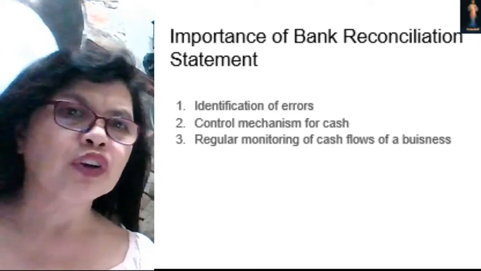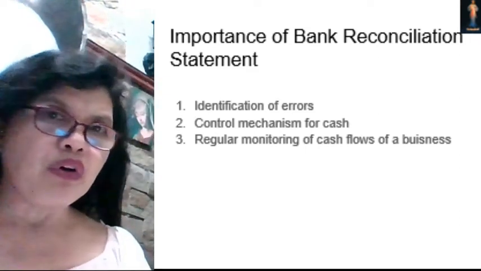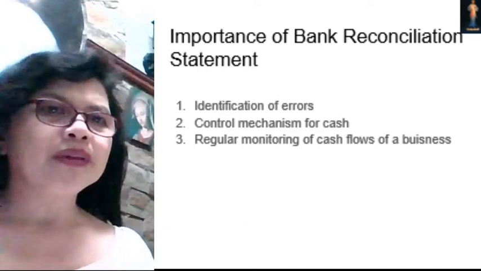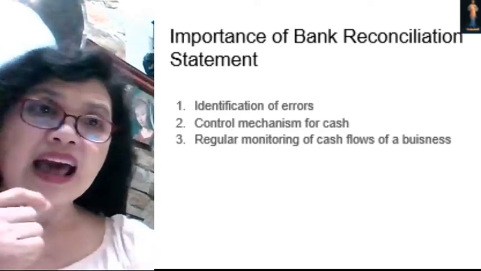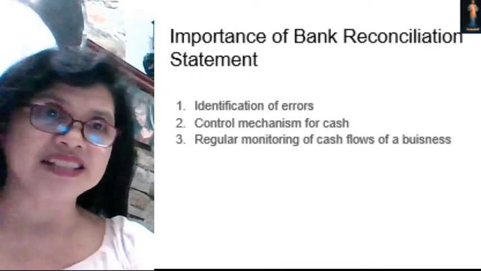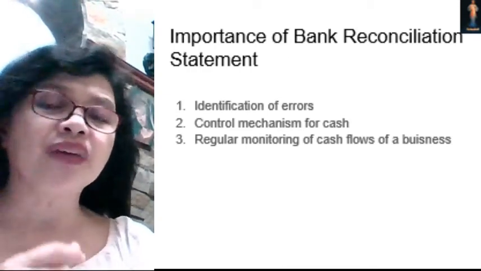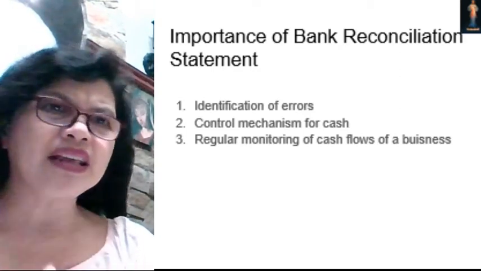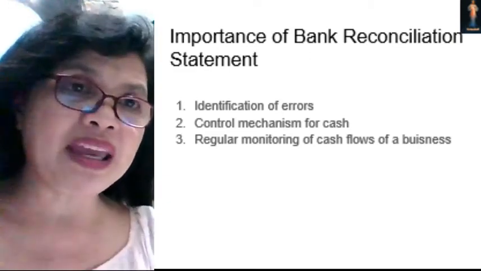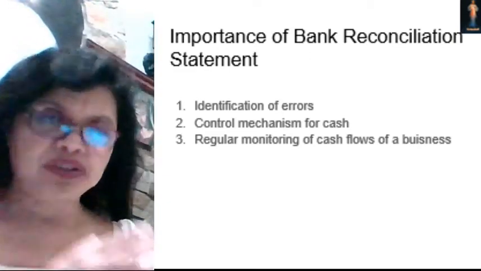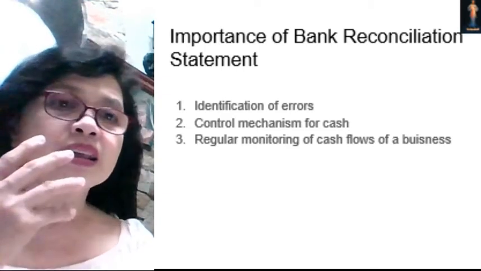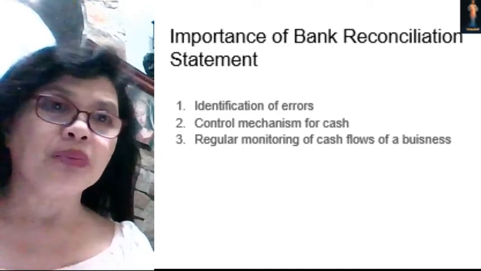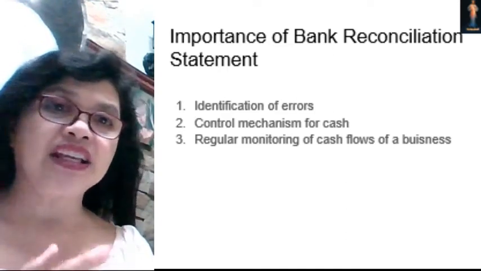Or number two, control mechanism for cash. Okay, we have studied in our cash flow or even in our balance sheet that cash is the most liquid asset, and as such, it is most vulnerable, since many things may happen along the so many transactions. So the company must maintain an internal control for cash, and one of which is keeping your cash in the bank.